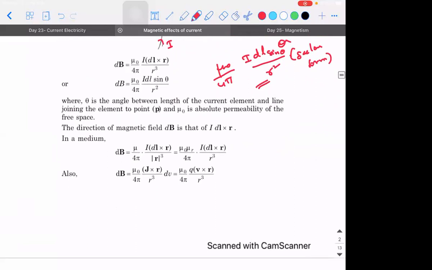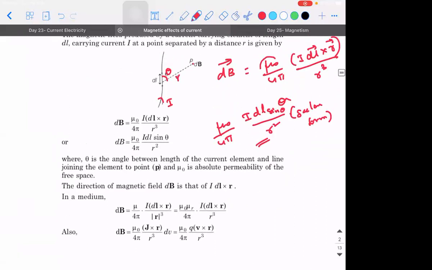Right. So this mu naught by 4 pi is written when the medium is air or vacuum. Suppose the current carrying conductor is placed in some other medium other than air, then the permeability of that medium, if I call it as mu, there is something called as relative permeability. You remember this? Relative permeability is defined as the permeability of medium to the permeability of free space.